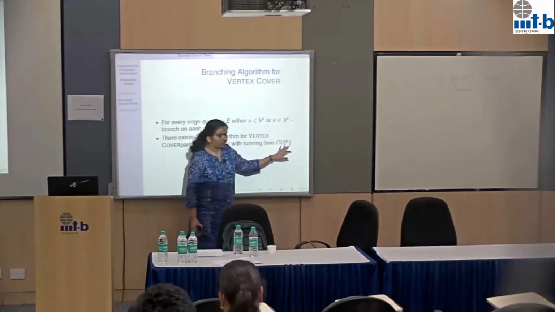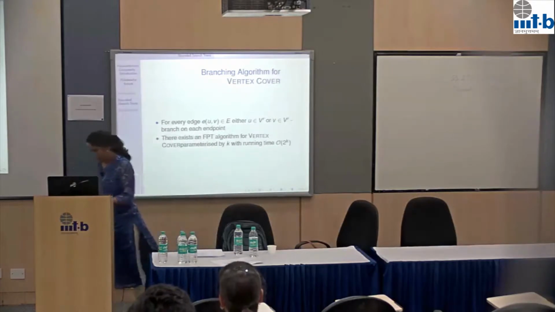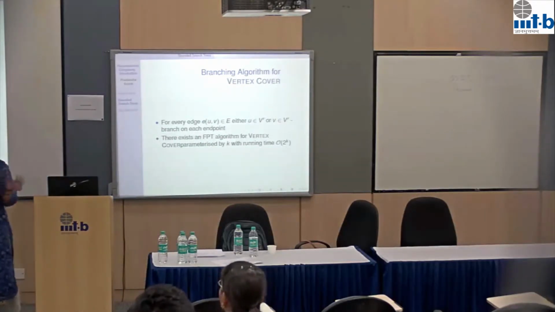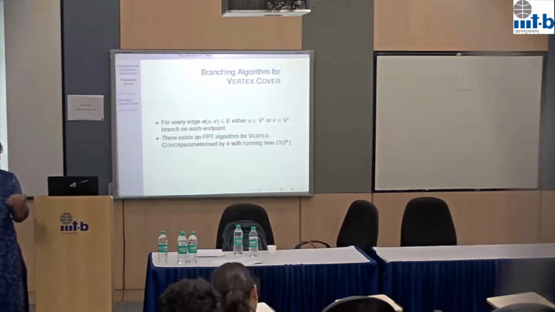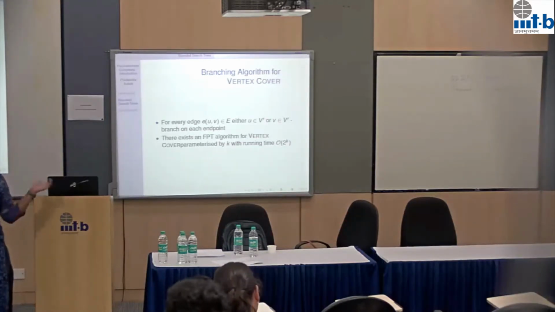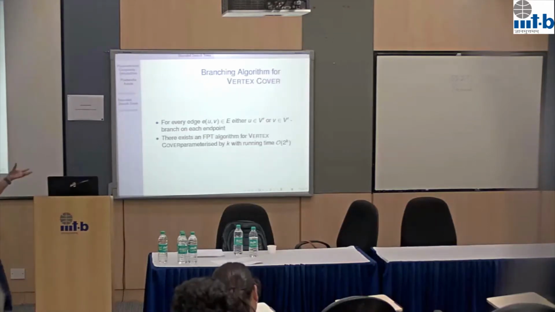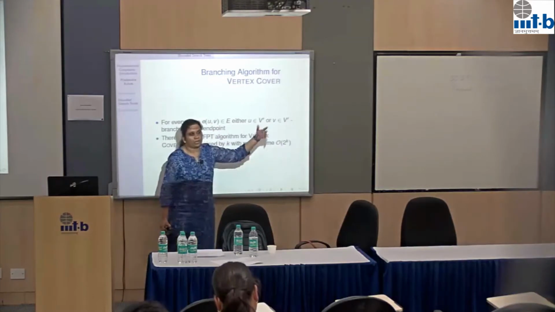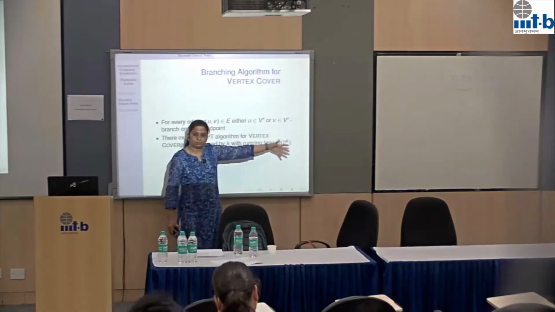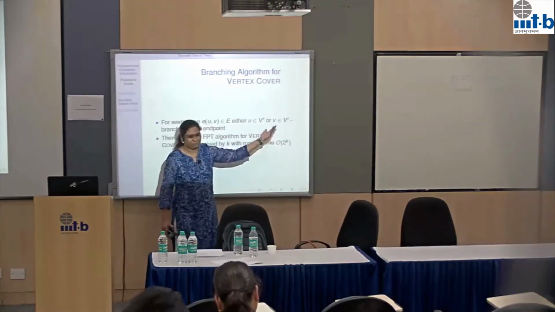I should say that in FPT running time, people have looked at both. Whenever you have an algorithm, you try to optimize the running time. Here optimization can happen in 2 ways. Either you can optimize this exponential function, or you can even optimize the polynomial function in n, or you can do both.